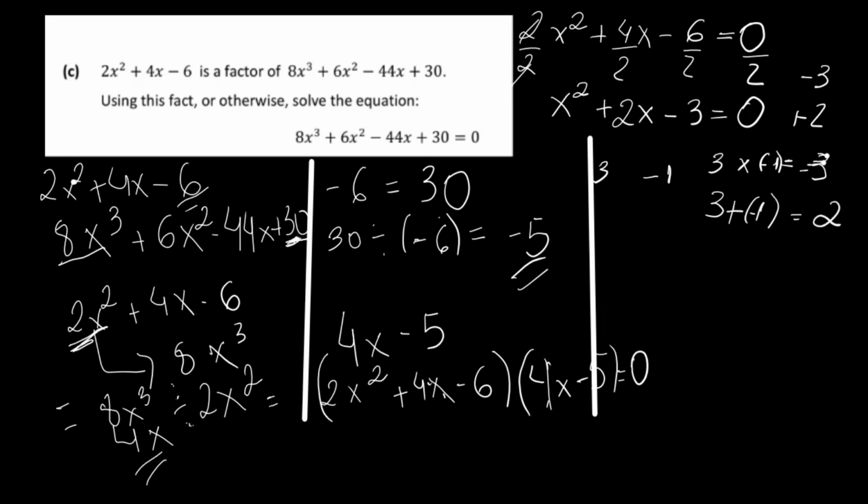So in the middle term we find the 2, and the product gives minus 3. So we find the two factors.